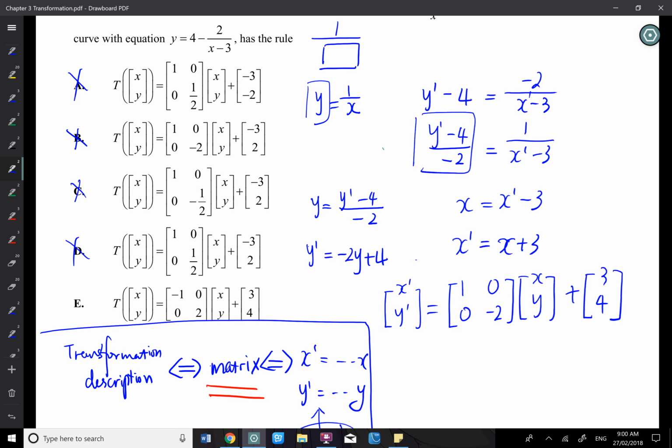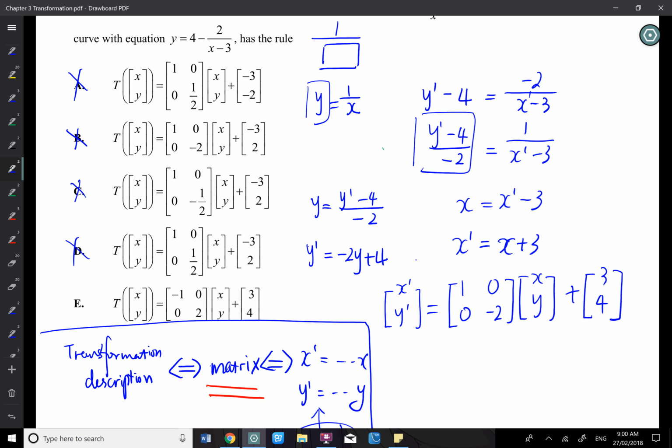If it dilates from the same axis, where the reflection happens does not affect how you dilate by the x-axis or y-axis. Also, B has a wrong translation factor, so B can't be right either. So E is the only correct option. That's how you can guess the answer when you don't know what to do.